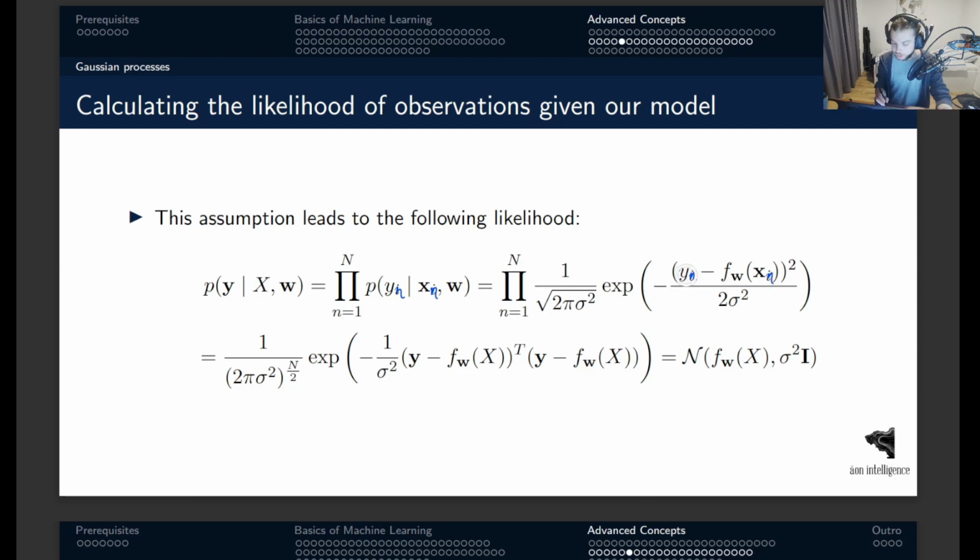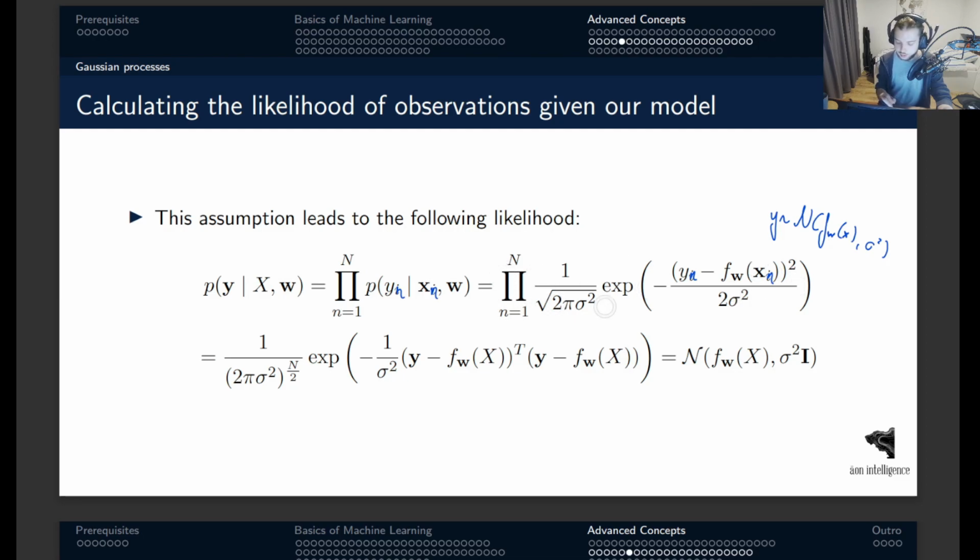It's the negative of the true label minus the model prediction squared divided by 2 times the variance of our errors. So essentially, y, the true label, is drawn from a normal distribution where our expectation is our model prediction, and the deviations from our model predictions are our errors epsilon, and these have the variance sigma squared. So this is why we have this expression in the exponential.